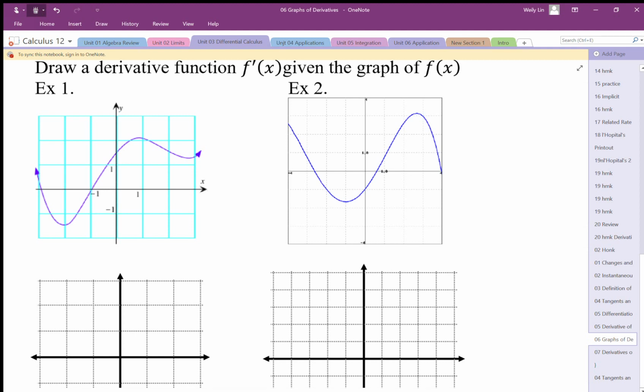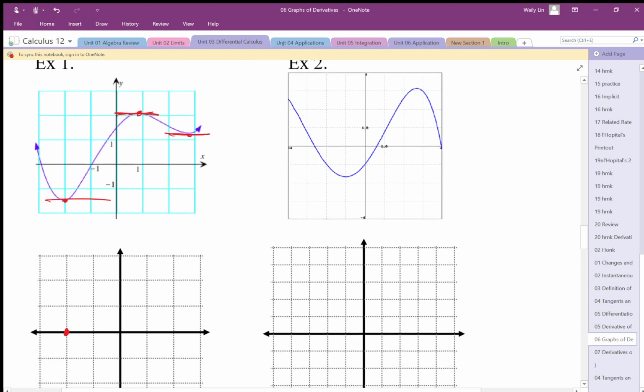The first thing I'm going to look for is horizontal tangent lines. So one right there, one right there, and one right there. What I'm going to do is relate those to 0 coordinates on my f prime graph. So those 0 slope coordinates relate to 0 points on the derivative.